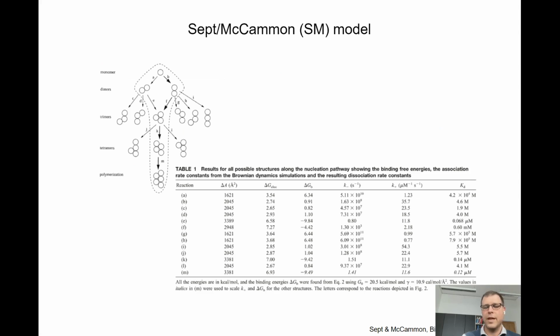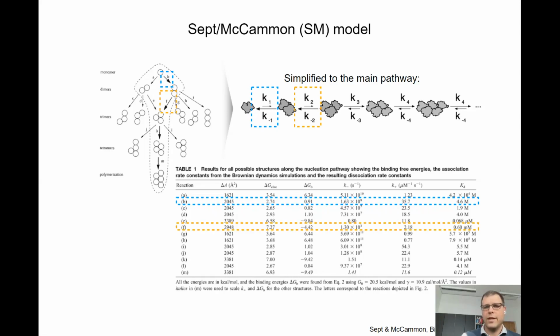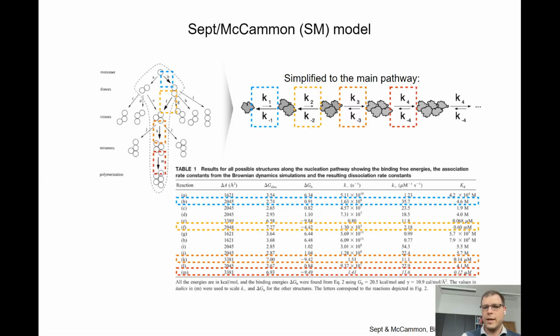So I took the Sept-McCammon model and simplified it a little bit by just breaking it down to the main pathway, because all the other pathways are so unlikely that they don't really contribute to the overall kinetics. So essentially, I took the formation of the longitudinal dimer, and then from there the pathway to the trimer, tetramer, and all the subsequent steps, and used the rate constants that are provided in this paper.